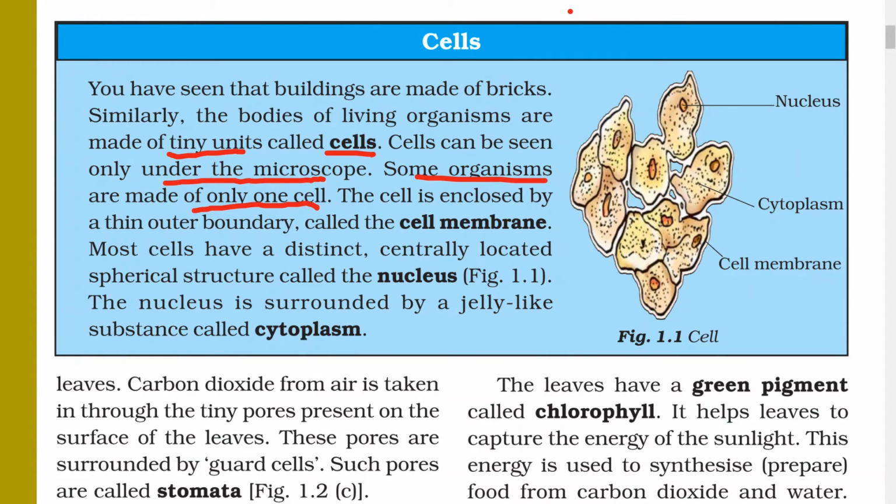The organisms which are made up of one cell are called unicellular organisms. And organisms which are made up of many cells are called multicellular organisms. An example for a unicellular organism is bacteria, and for a multicellular organism it's humans.